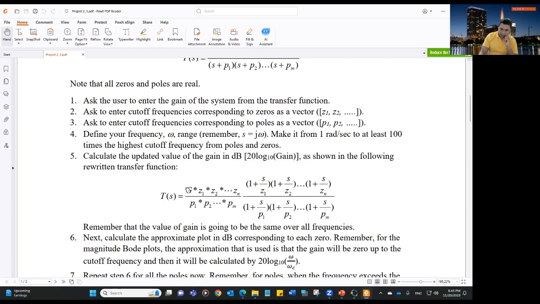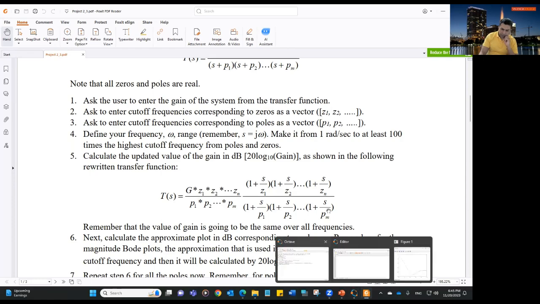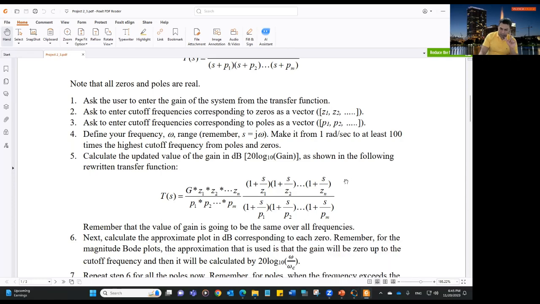And you're going to calculate the magnitude in decibels for this modified gain value. That is going to be valid for the whole frequency range that you are defining. So create it as a vector, or actually as a matrix. The first row of the matrix is going to be this value. All values will be the same.